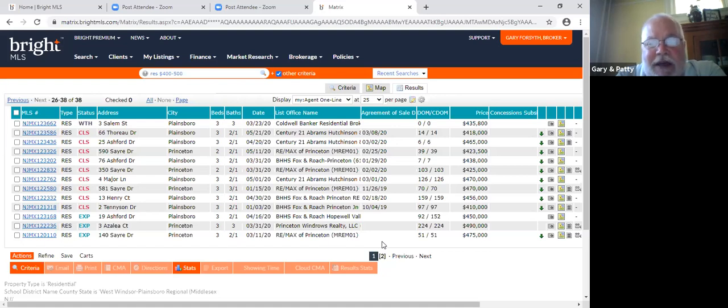You do a CMA first to get a price range, and then you bracket the price range. Let's say your CMA suggested a $450,000 price. We went 400 to 500 to bracket that price range so that you get a real good idea of what's going to happen with your listing.